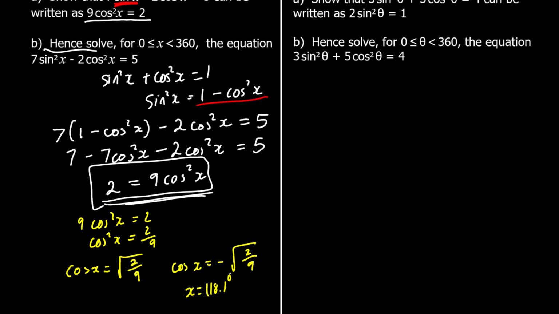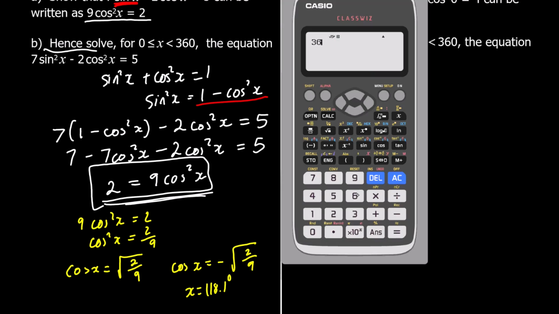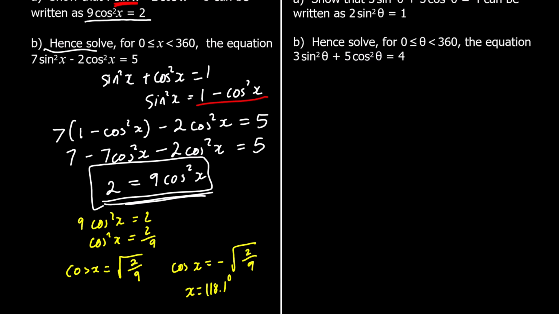With cos, the second answer is 360 minus the first answer, 241.9 degrees. Again, you could have drawn out the cast diagram there. If you want to do that, that's no problem.